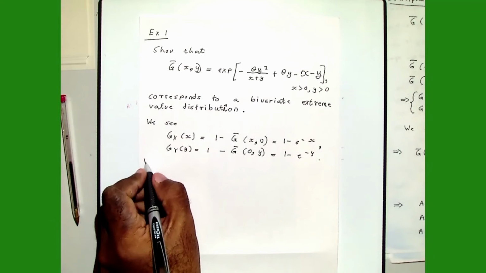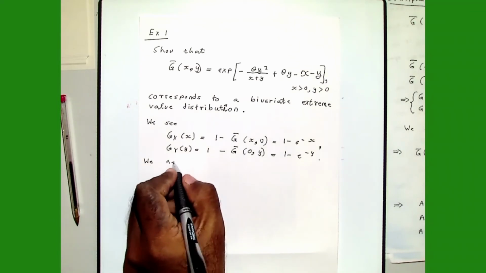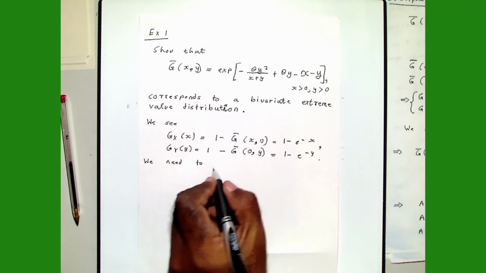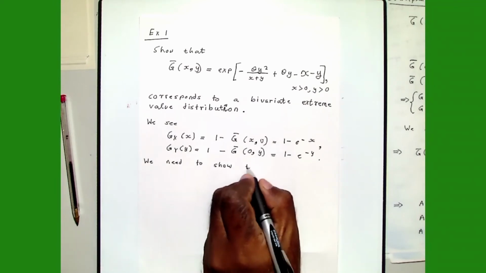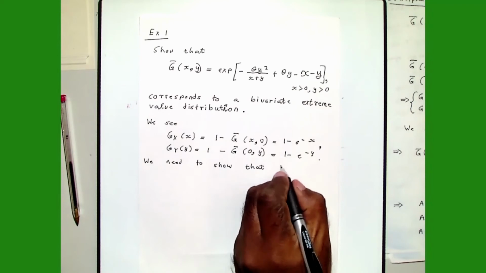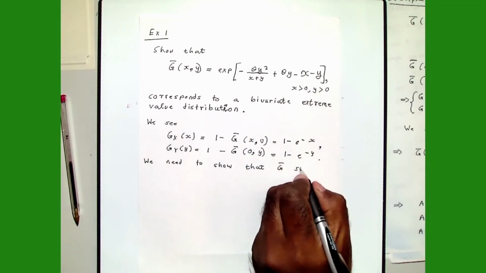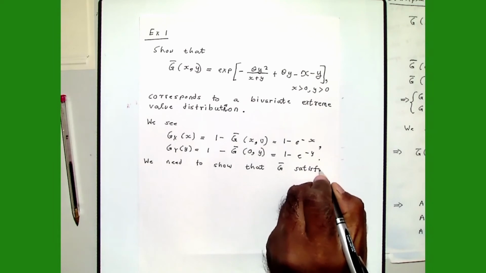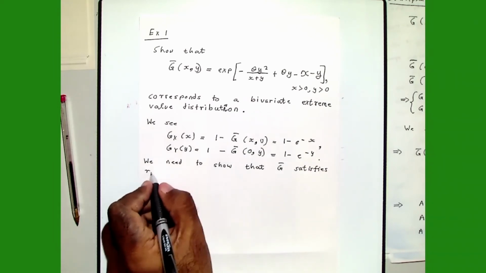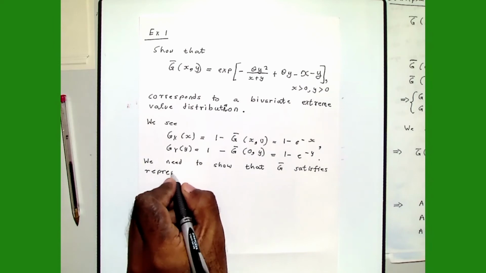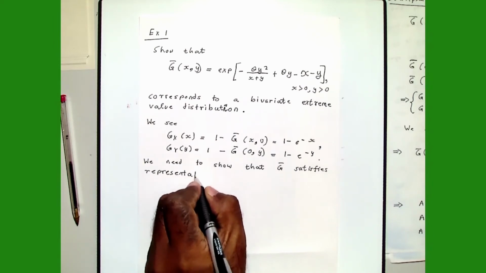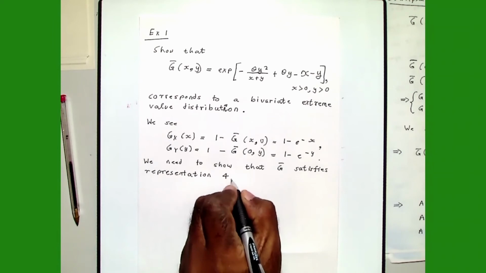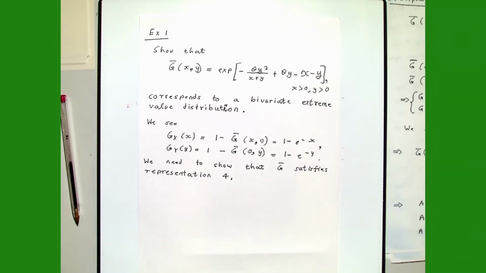So we need to show that G bar satisfies representation 4, because representation 4 was the one where we assumed that the marginals of G are exponentially distributed.